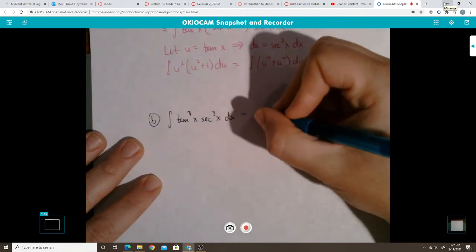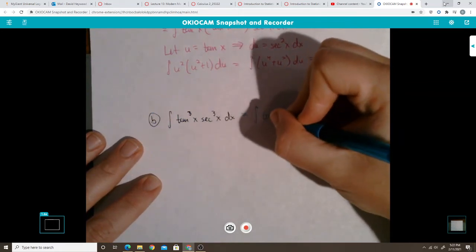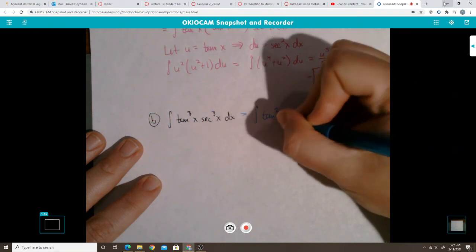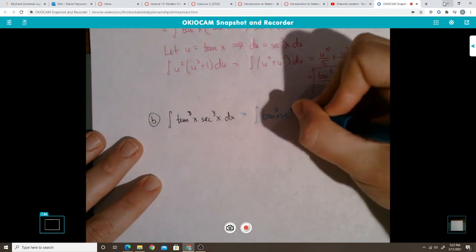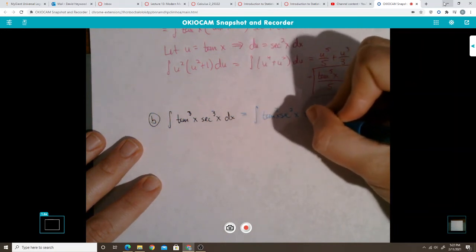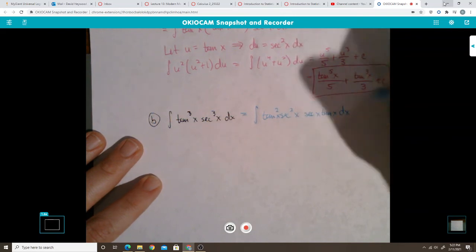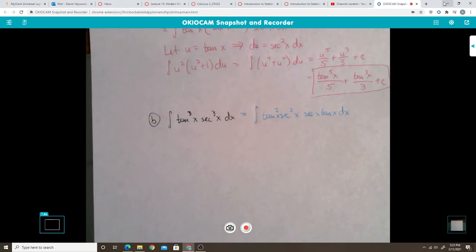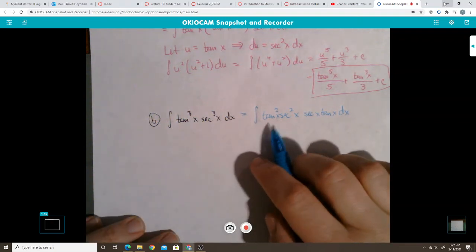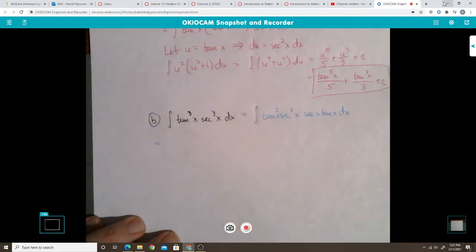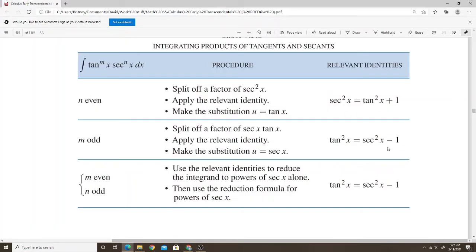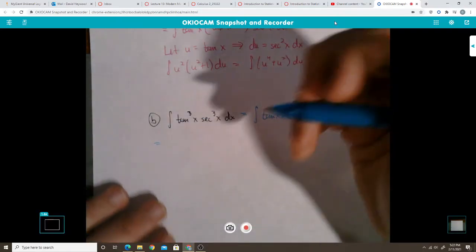So this is going to be tangent squared x, secant squared x, and then secant x tangent x dx. And then tangent squared we can rewrite as secant squared minus 1, right?